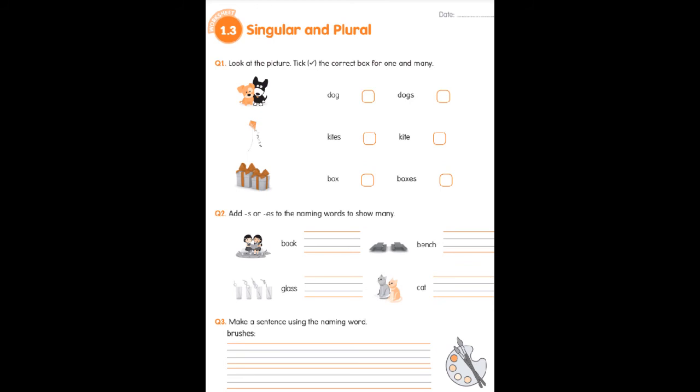Question 2. Add s or es to the naming words to show many. Here there are a few words and we have to see which format, that is s or es, we have to add. Book, only s, books. Okay, see the next word, bench. In this type of word we have to add es, benches.